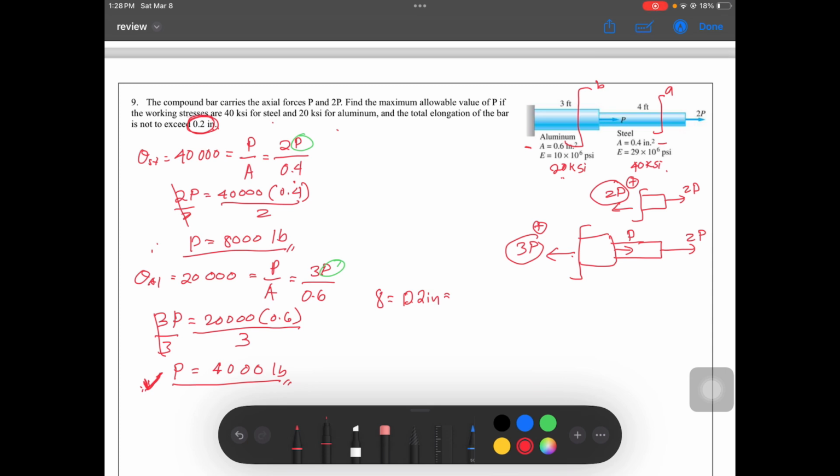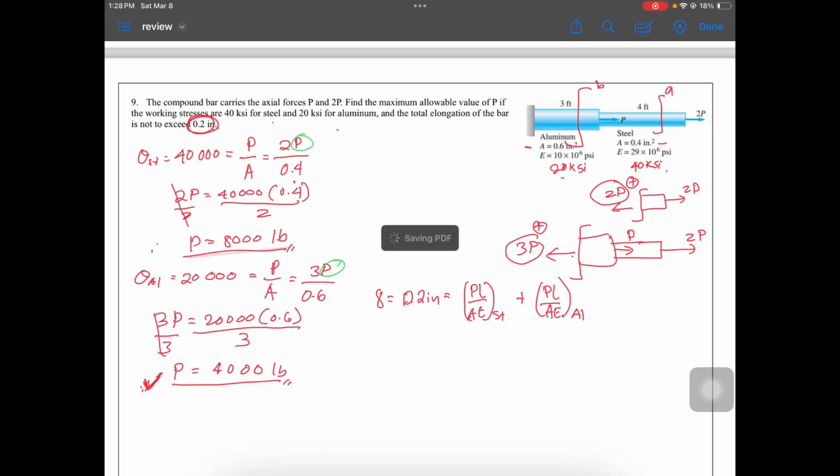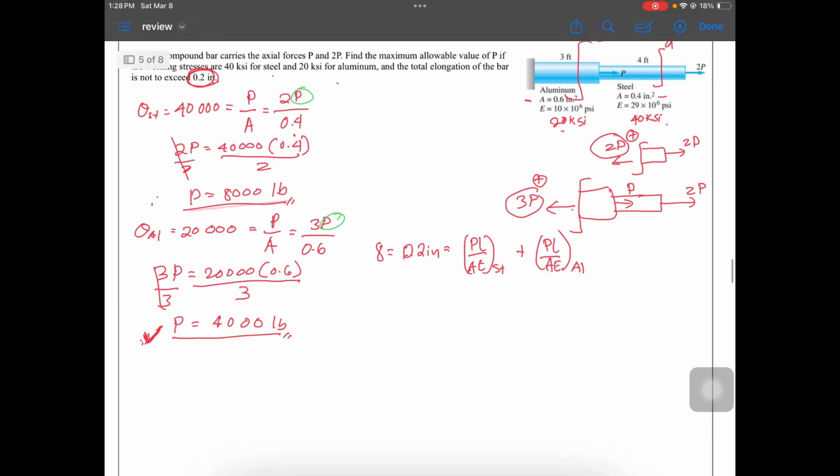For steel member, PLAE for steel plus PLAE for aluminum. Since different material, hindi natin pwedeng pagsamahin ang AE or yung kagaya ng ginawa natin kanina na inilabas siya sa equation since varying siya.